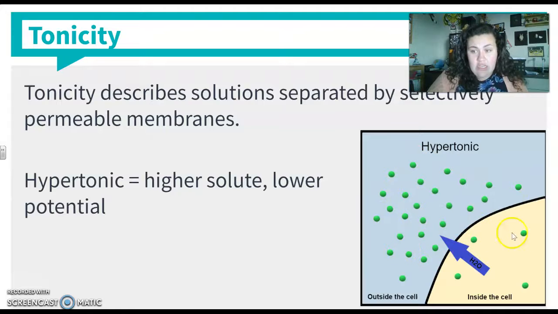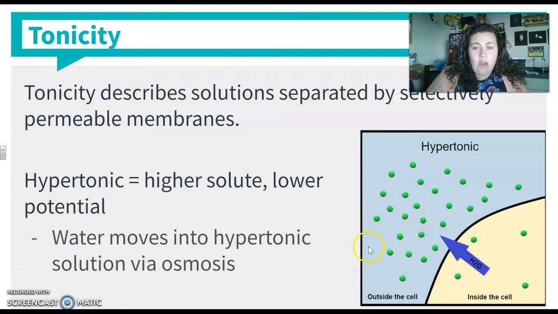Versus over here, there's not very many solute particles, so there's going to be more water that's free to move around. Okay, so water will always move into a hypertonic solution via osmosis. You always want to balance out the amount of water.